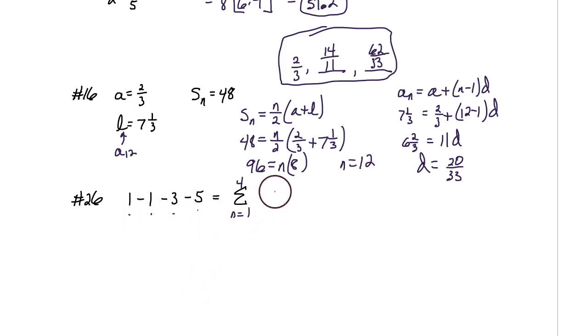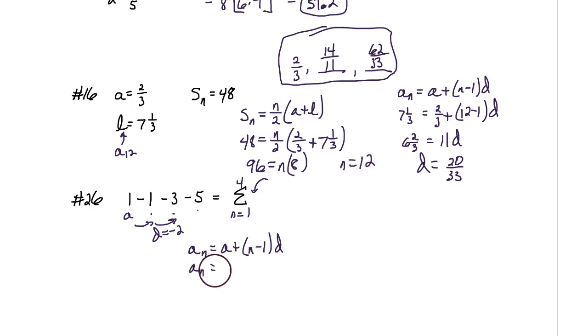Now we need the general formula to write next to the sigma symbol. What kind of series is this? The value of a is 1, and from term to term, it looks like d is -2. So let's create the general term formula for an arithmetic sequence using this formula.